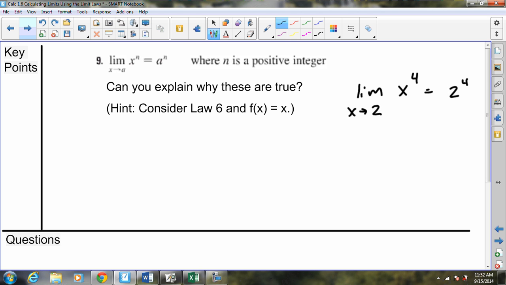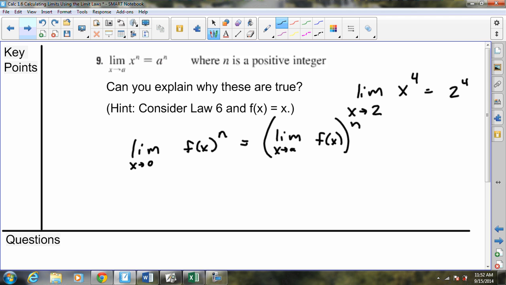If we go back to Law 6, Law 6 told us if we take the limit of f of x to the nth power, if it was done this way, if we use the identity function f of x equals x, that can be replaced with an x, and so then the other f of x could be replaced with x.